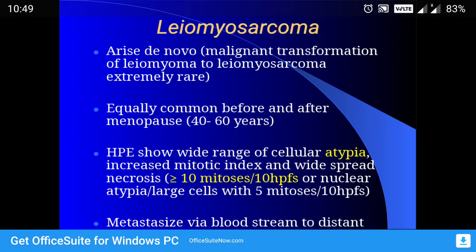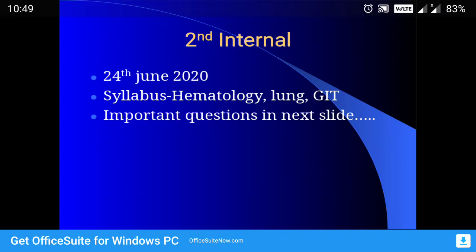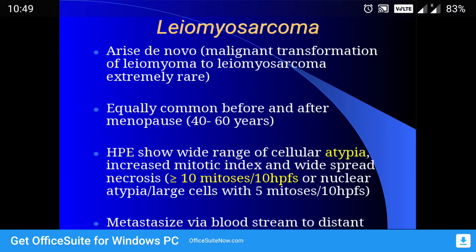Or even if there is nuclear atypia on large cells, then even 5 mitoses per 10 high power fields may be enough to call it leiomyosarcoma. As you know, sarcomas will metastasize through blood. So that's about myometrial tumors, that is leiomyoma and leiomyosarcoma.